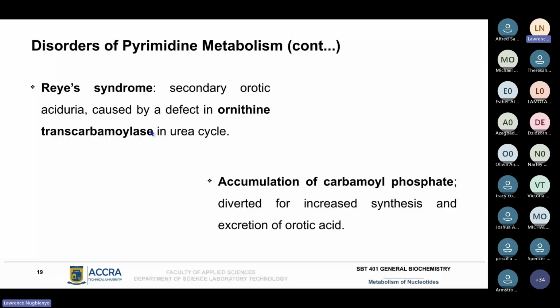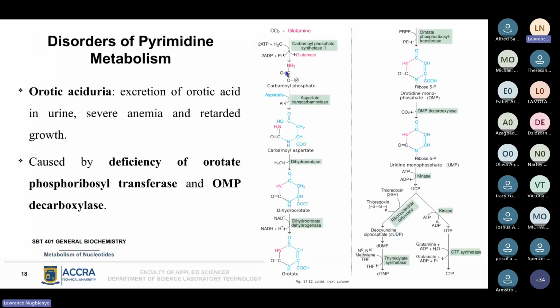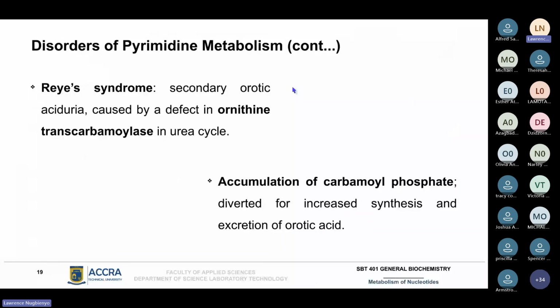So we see the carbamoyl phosphate is the very first product which is formed when you have the carbon dioxide and glutamine reacting. The very first reaction, the product that you see there is carbamoyl phosphate. So that you have a defect in the enzyme ornithine transcarbamylase, resulting in the accumulation of that carbamoyl phosphate. And so that carbamoyl phosphate, once there's accumulation of it, it is diverted for increased synthesis and excretion of orotic acid.